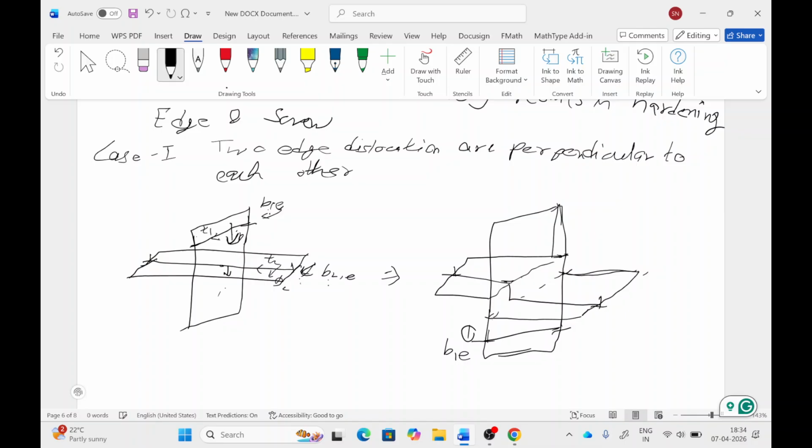So the dislocation line got extended on plane one. This is B2E. If we want to find the character of this extra half line, one thing is that this extra half line is out of plane 2.